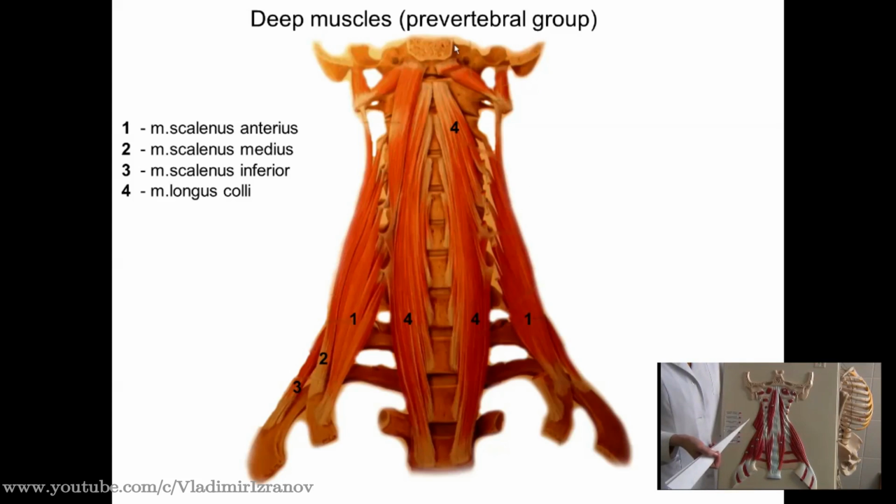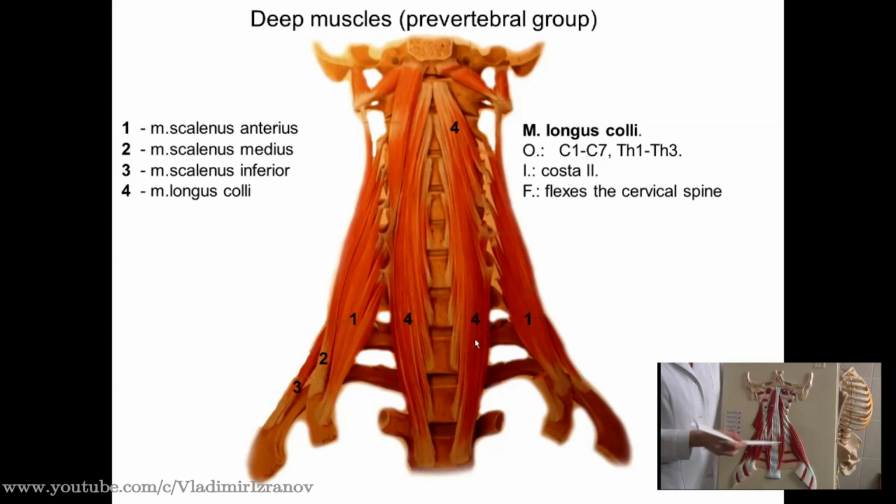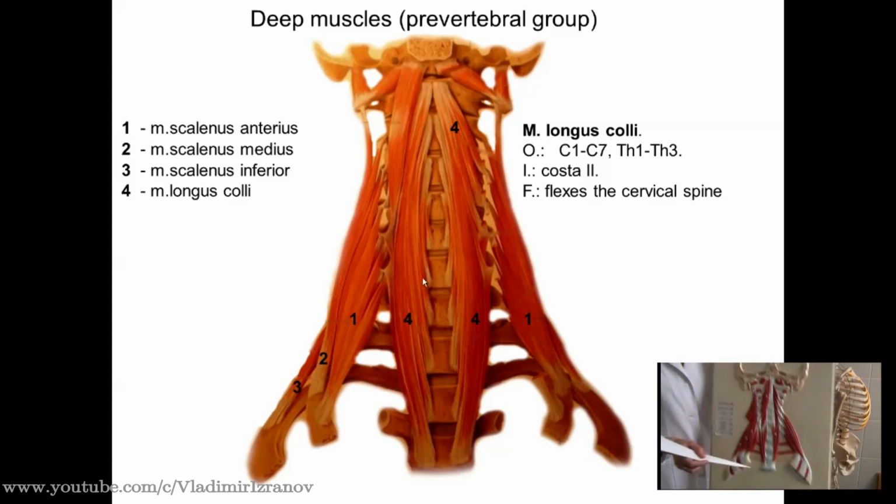You can see it is really long and flat, musculus longus colli. Origo of this muscle, vertebra cervicalis from 1st to 7th.